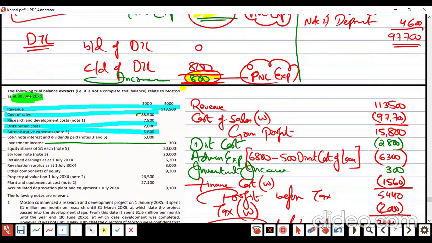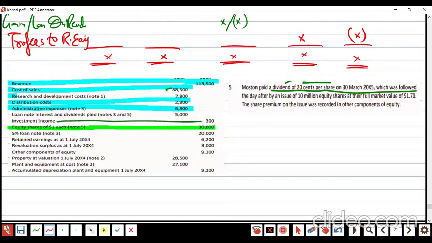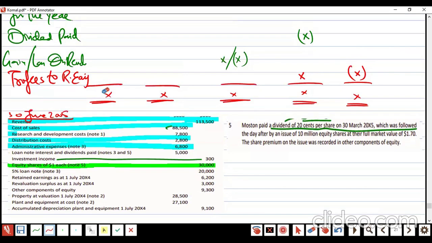Look, they give you the date on the trial balance, which is 30th June 2015. So is this 30,000 the opening balance or the closing balance? Closing. So 30,000 is here.